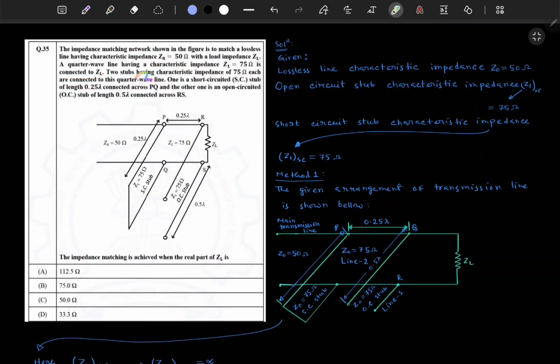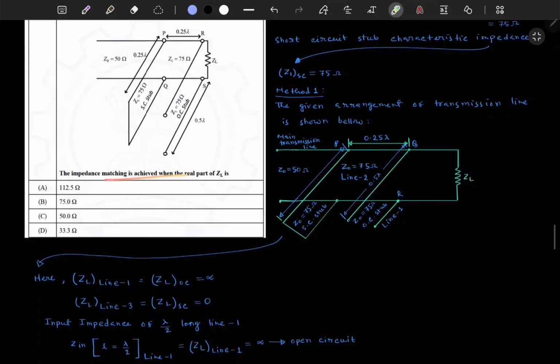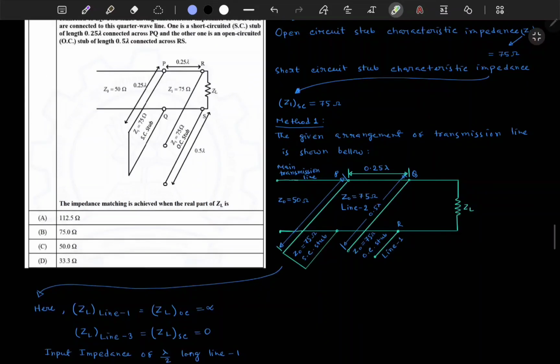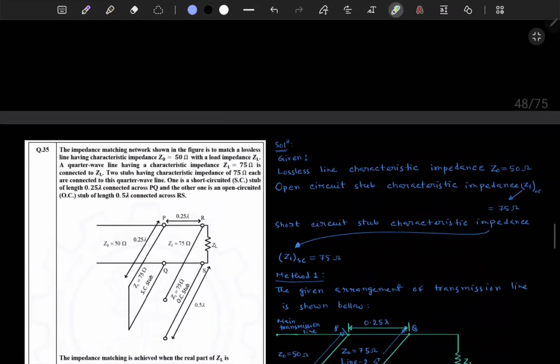Two stubs having characteristic impedance are given, one is open circuited, one is short circuited with different lengths. Here this is the PQ terminal, this is the RS terminal. The impedance matching is achieved when the real part of ZL is what? That we need to find out.